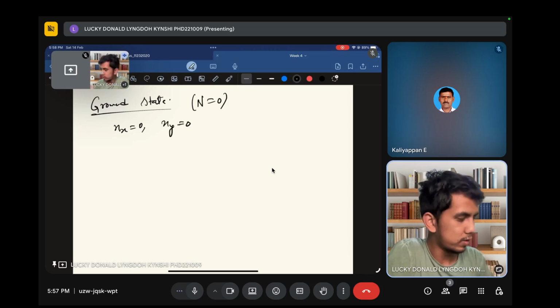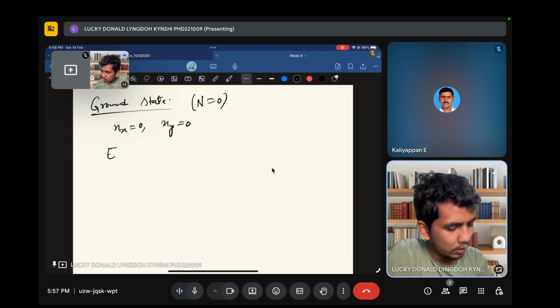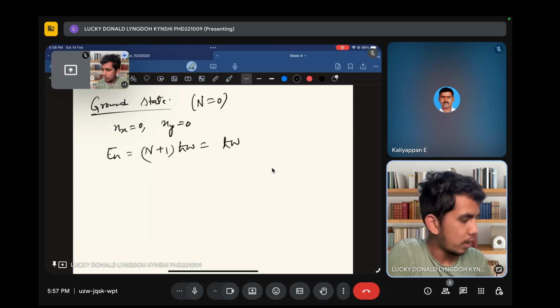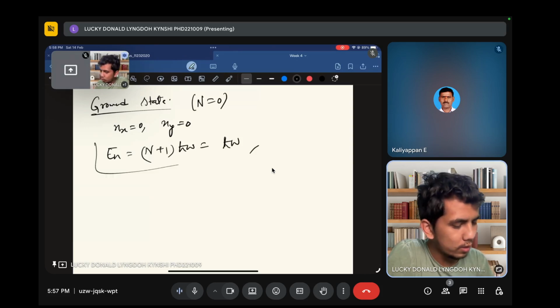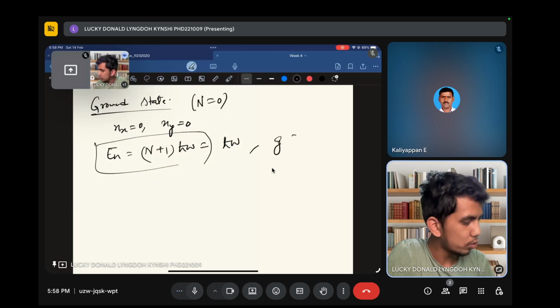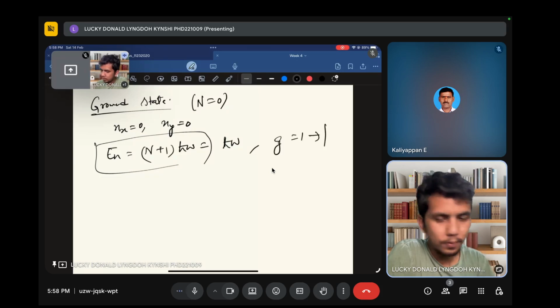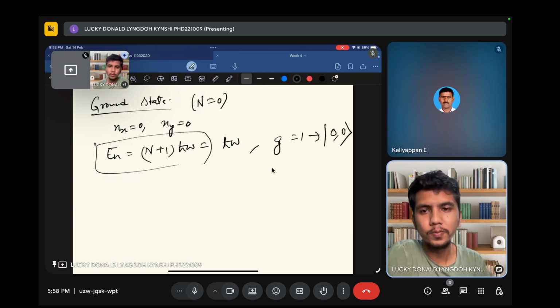Then E_n, given by (n + 1) h cross omega, is simply h cross omega, because n equals 0. And what is the degeneracy? There is only one possible state here, so degeneracy equals 1 for the state nx equal to 0 and ny equal to 0. So that is the first lowest state.